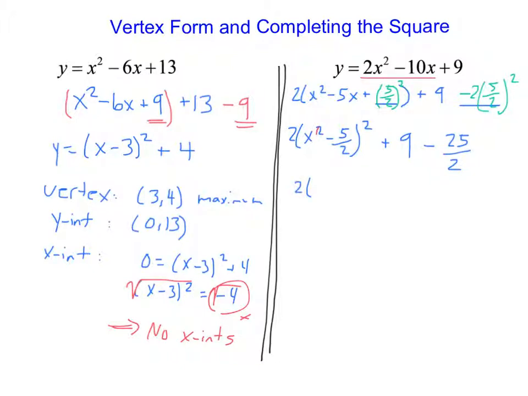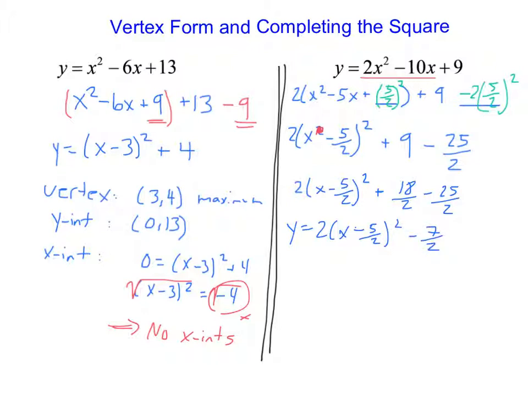This is not an x squared in there. That's just x to the first. Whoops. Okay, so here we get x minus 5 over 2 quantity squared. Let's get the same denominator. This is 18 over 2 minus 25 over 2. So our equation, all in all, is going to be minus 7 over 2.